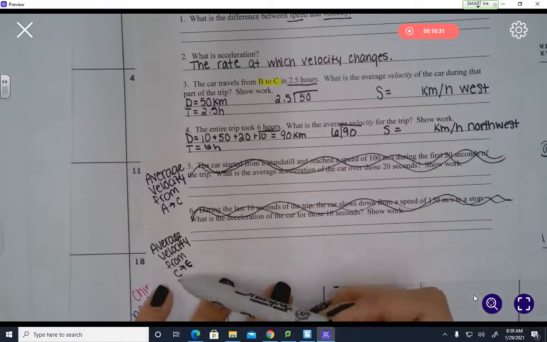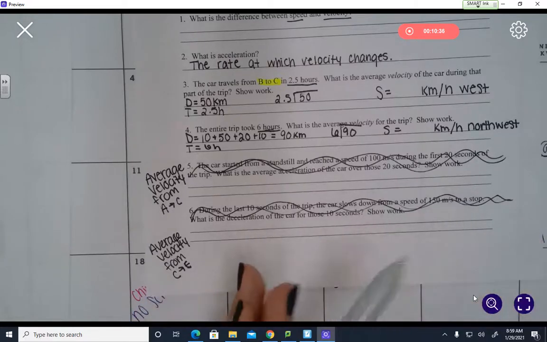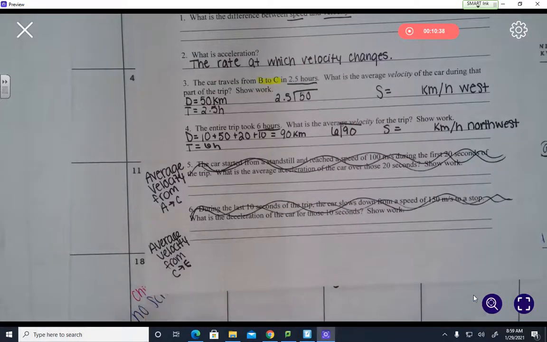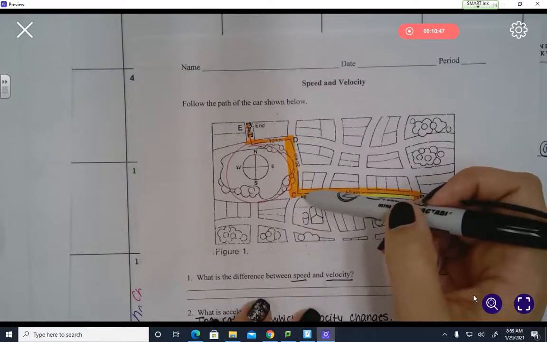And I want you to go from point C to point E. So from your point C to the end.